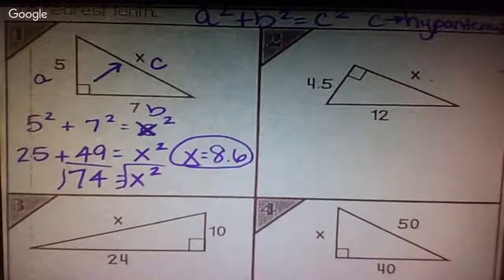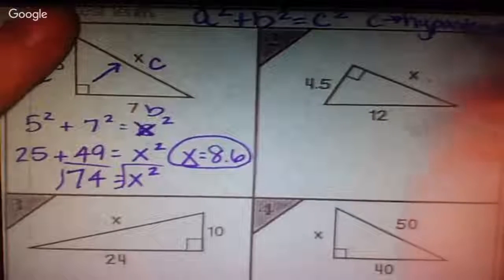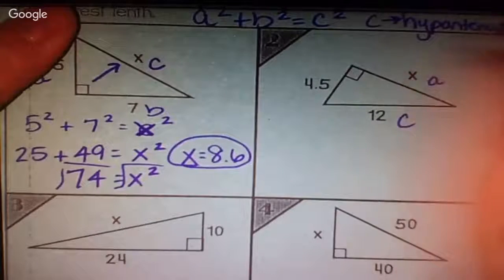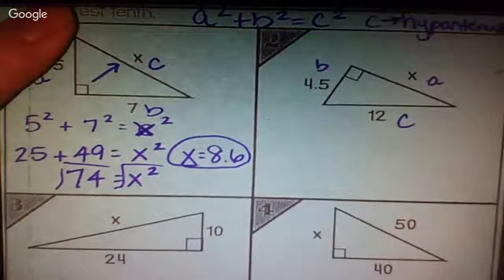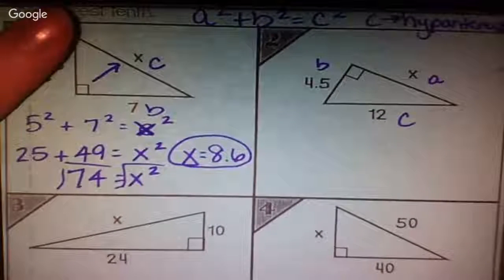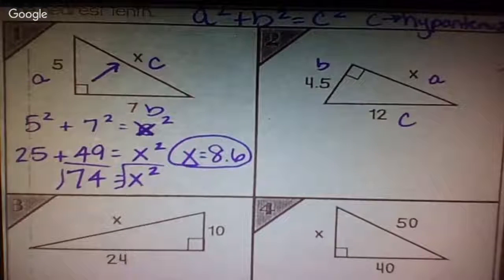Take a look at number 2. Which one's my hypotenuse? 12. So again, if you need to label them, that's fine. Either one of your legs could be A and the other one can be B. It doesn't matter which one you label as what.